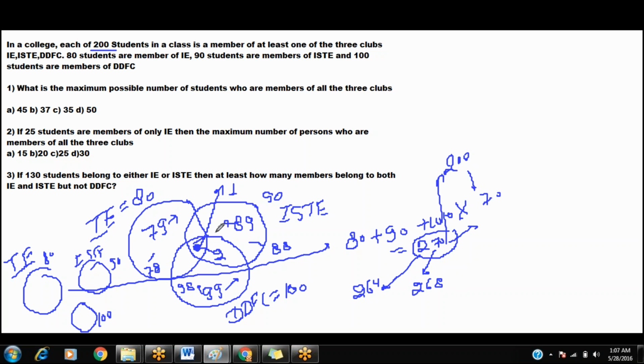So what value will I put here? 35. So the maximum value we can put here is 35. So our maximum possible number of students who are members of all three clubs will be 35. I hope this concept is clear now. Very basic questions but very important for CAT and Z.